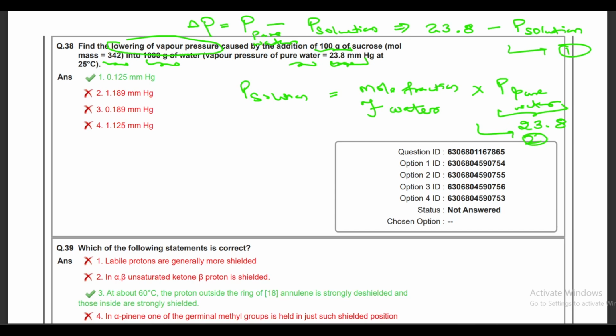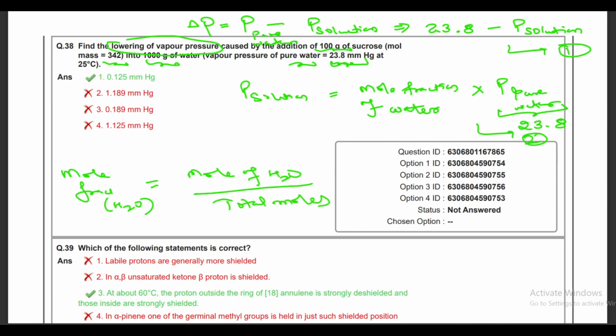To find the mole fraction of water, that is equal to moles of water divided by total moles. Clear? First of all you have to find the moles of water.